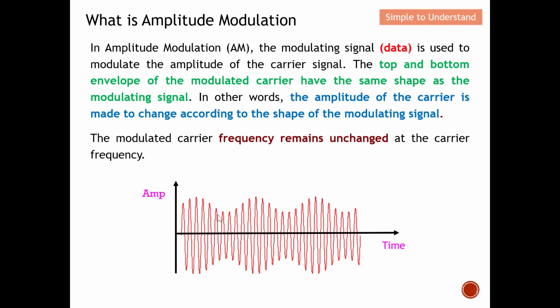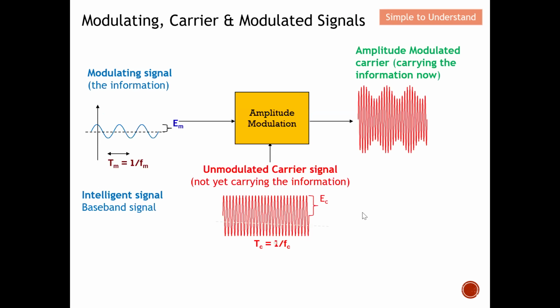From here, you can see that this is the modulated signal. It has the frequency of the carrier, while the amplitude follows the modulating signal, which we are going to take a closer look at. This is what I have shown you earlier on. Hopefully now you have a better idea how we form the modulated signal.